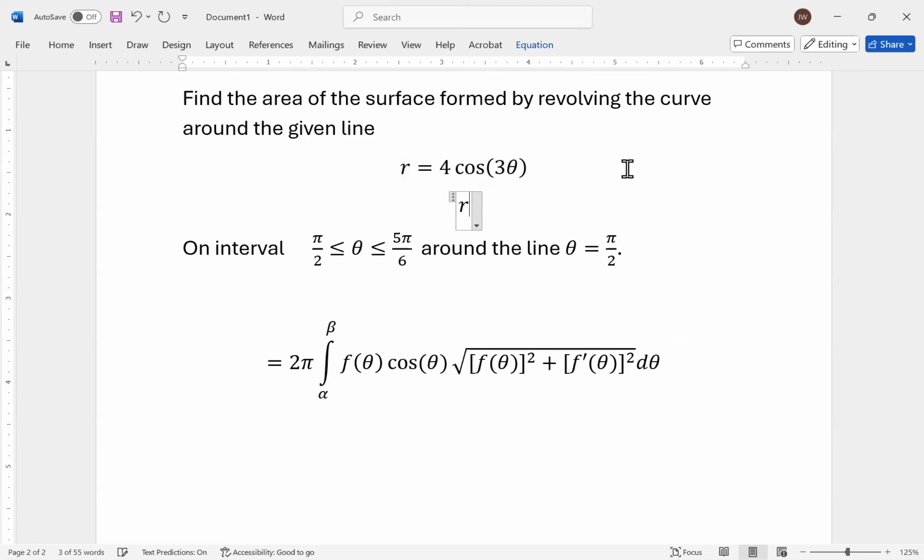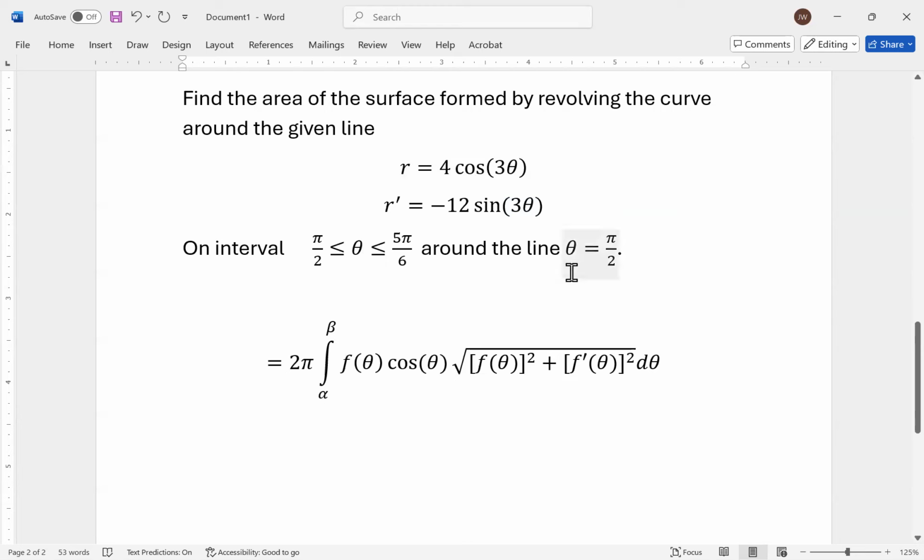Again, the only real thing I have to do calculus-wise is take a derivative before I start integrating. If I take a derivative of cosine of 3 theta, I'm going to get negative 3 times the sine of 3 theta. So I end up with negative 12 times the sine of 3 theta as the derivative.